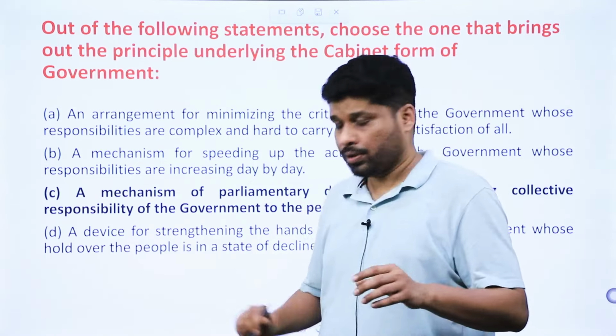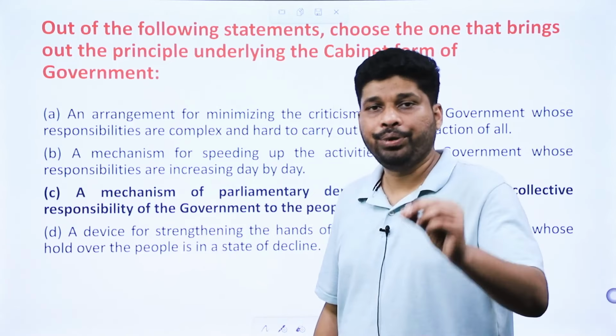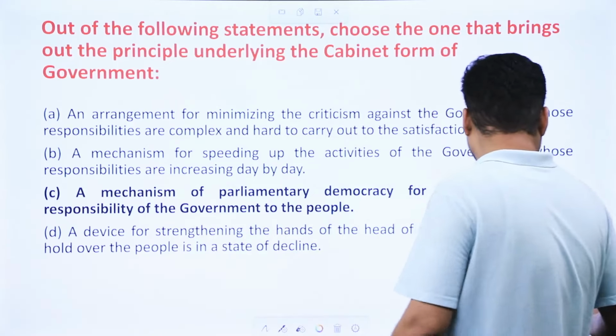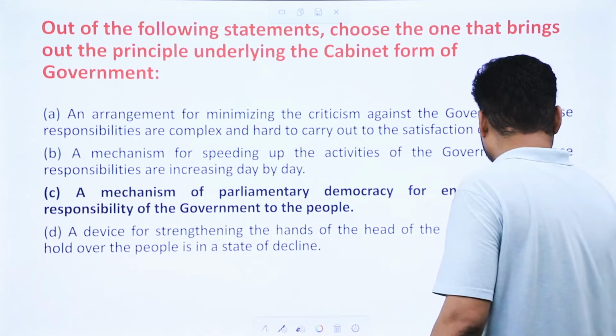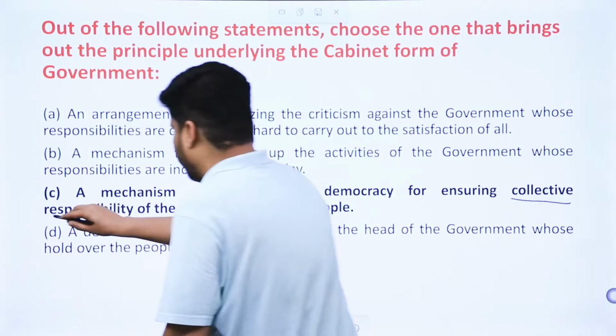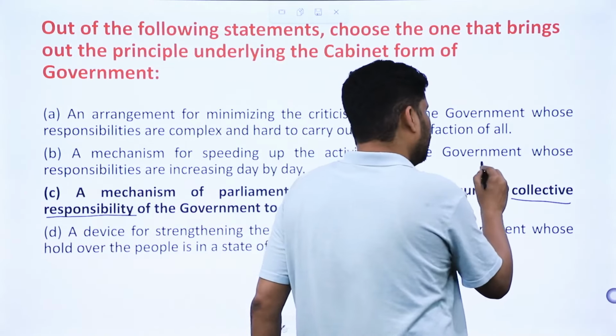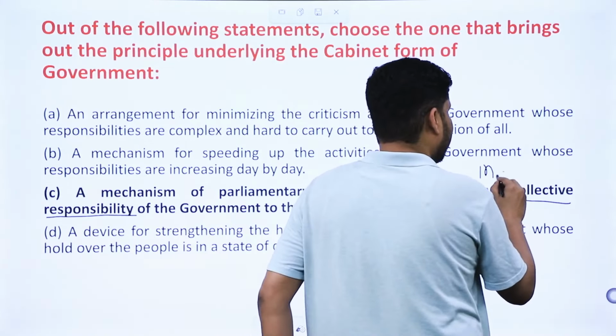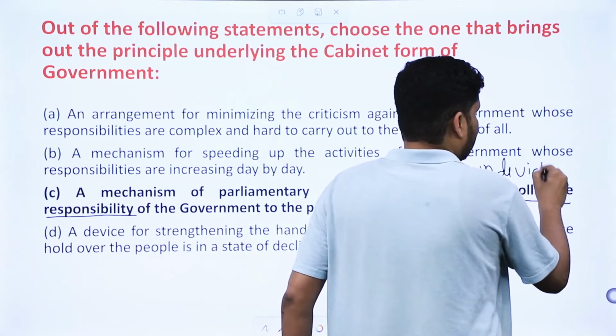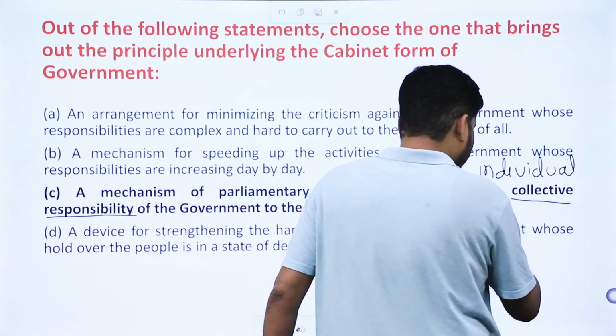One more thing, option C, because the question has been revolving around the term collective responsibility. Now, I want you to go through your books and identify two more types of responsibilities, that is individual responsibility and legal responsibility.